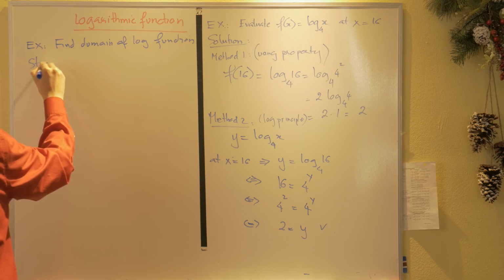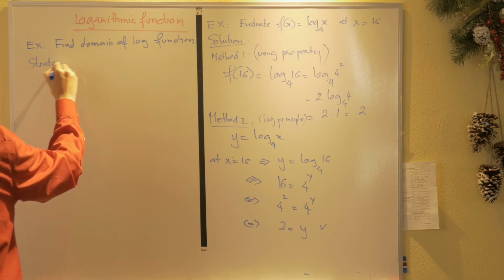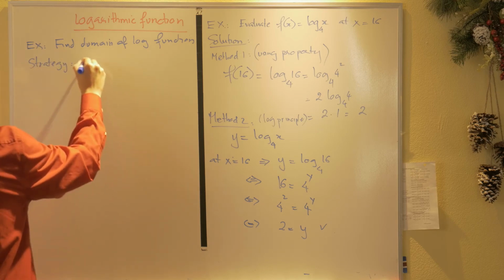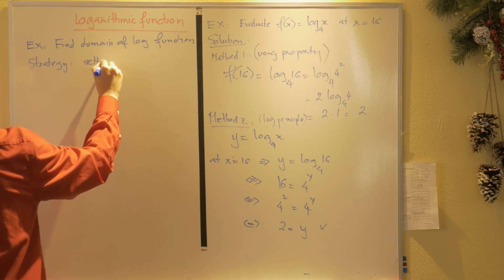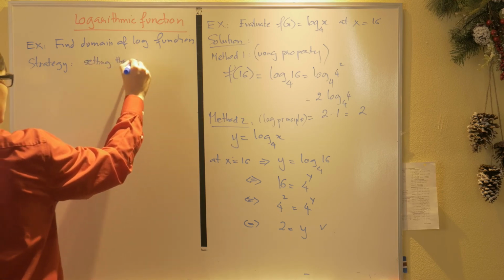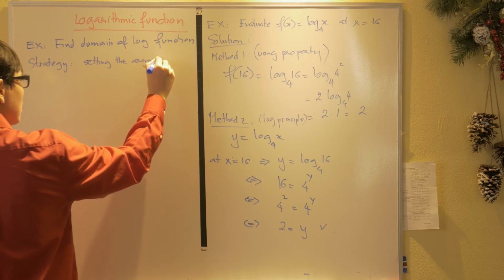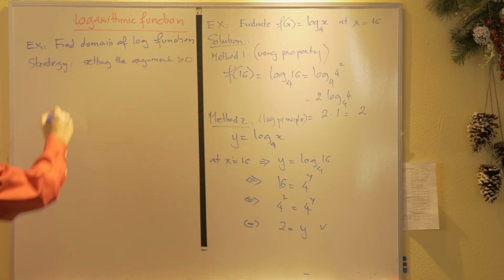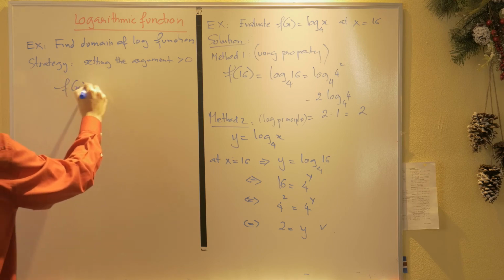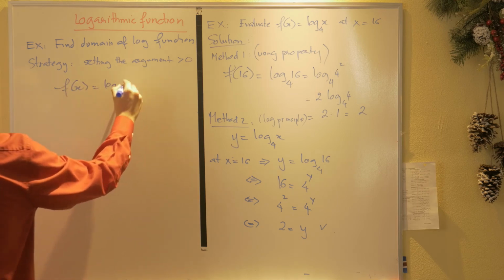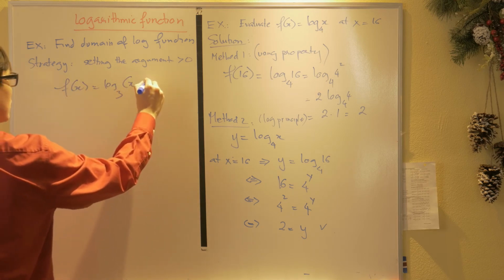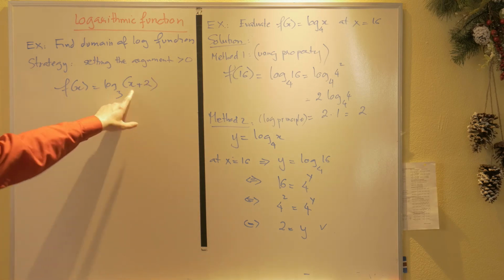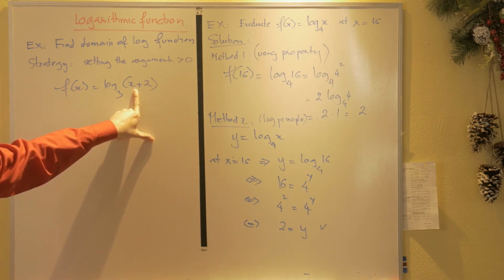Strategy: it is setting the argument greater than 0. For example, if I have f of x equals log base 3 of x plus 2, the argument is everything inside, the x plus 2.